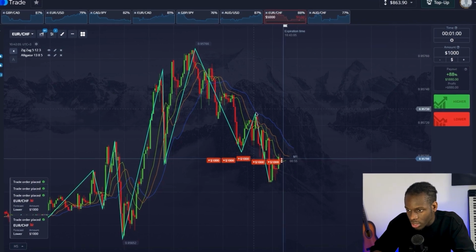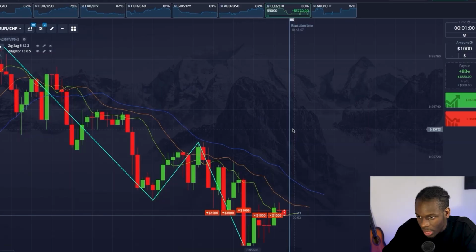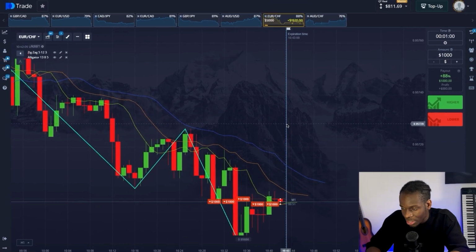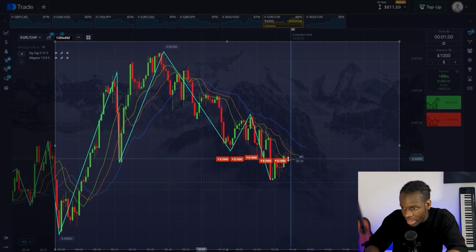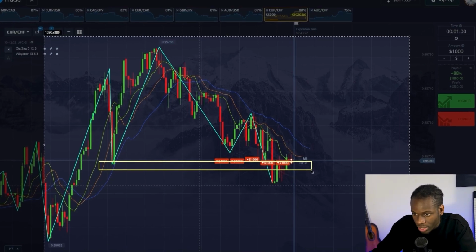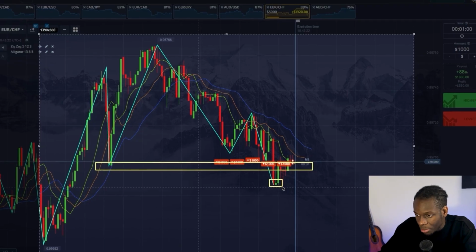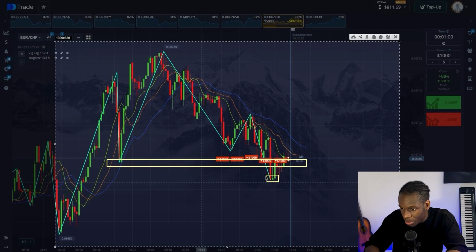Okay guys, we just took another trade, and the principle is kind of similar to the last trade. Let me just try to explain that a bit for you guys. We can see over here the market is on a downtrend, and we can see the previous touch point over there, and the market has updated the local minimum.